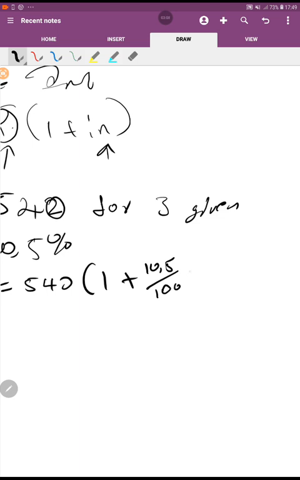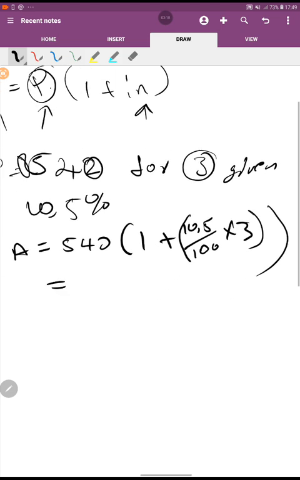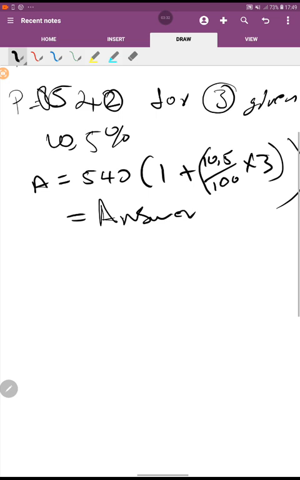Then you multiply by N. N is 3 years, meaning that you're going to say 3. So you put this in brackets, right? Then you do this on your calculator. At the moment I don't have my calculator, but yeah. When you get the answer, you're going to put it here, right? So use a calculator to do this.